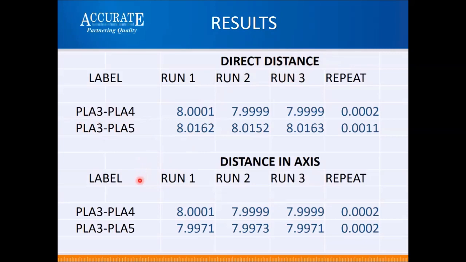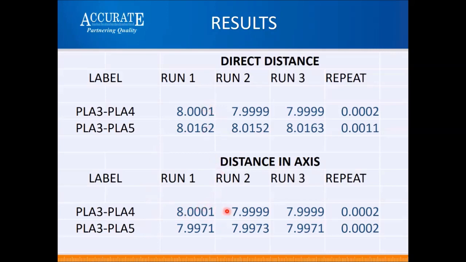So after the alignment of that plane and creating an axis, in that direction of the axis, when I do the measurement from plane 3 to plane 4, but I call the distance in the z direction, I would say this distance is a coordinate distance rather than the direct distance.